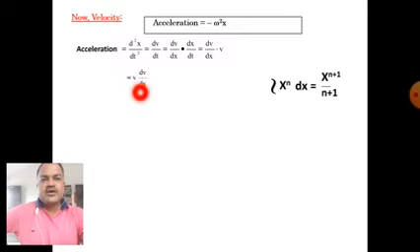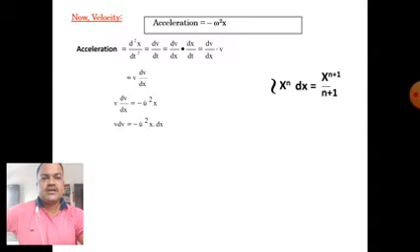Put this value of acceleration, v dv upon dx, in the above formula, and get the relation v dv upon dx is equal to minus omega square into x.